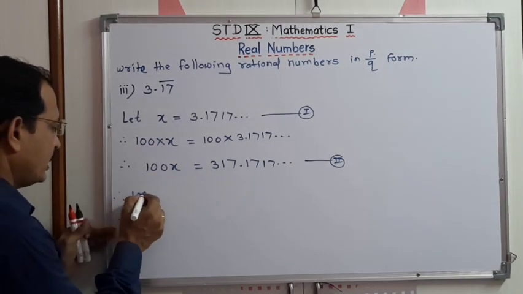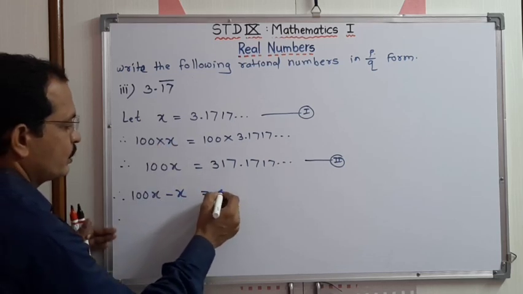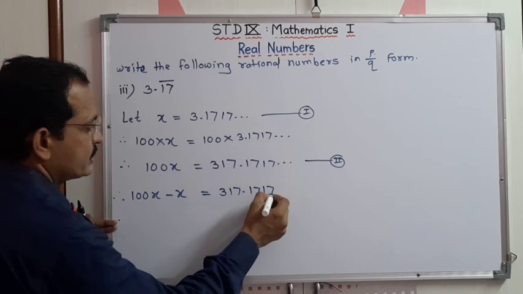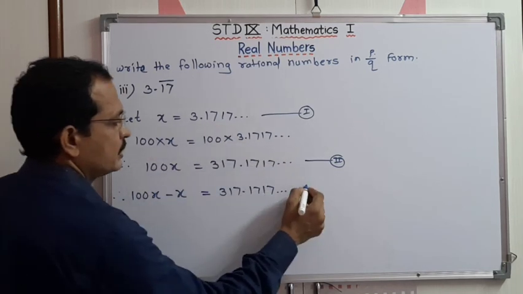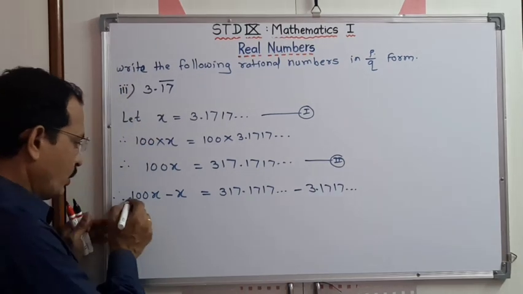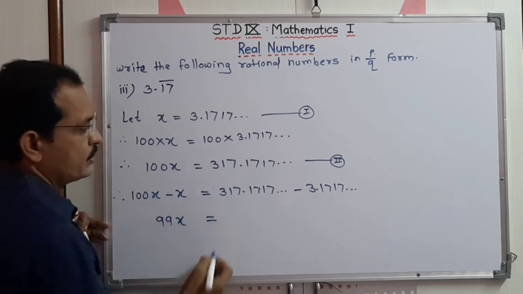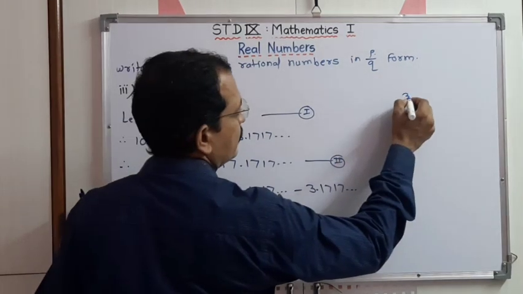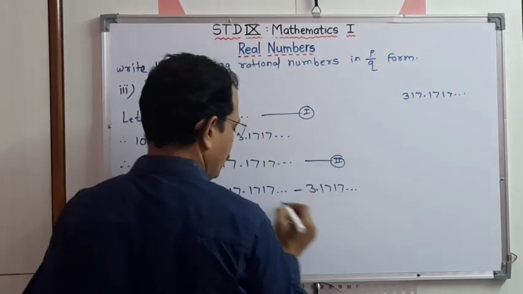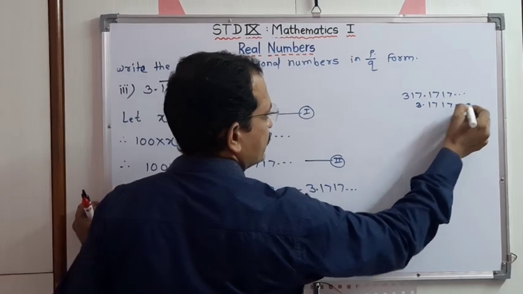Therefore 100x minus this x is equal to 317.1717 minus 3.1717 and so on. Now 100x minus x, it is 99x is equal to, students see here, 317.1717 and so on. We have to subtract this 3.1717 and so on.